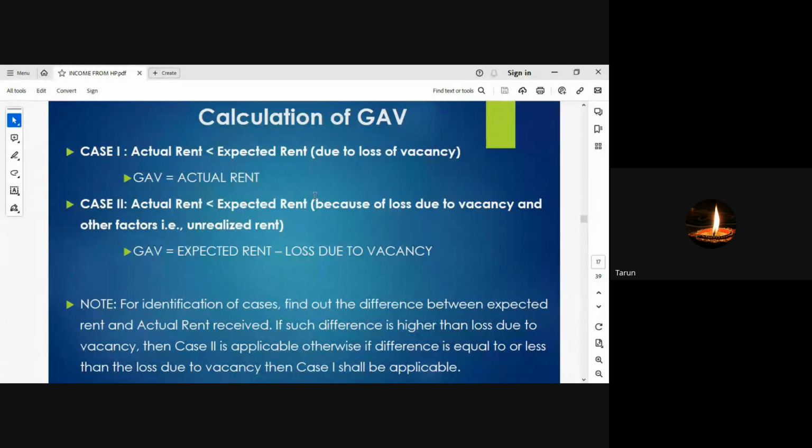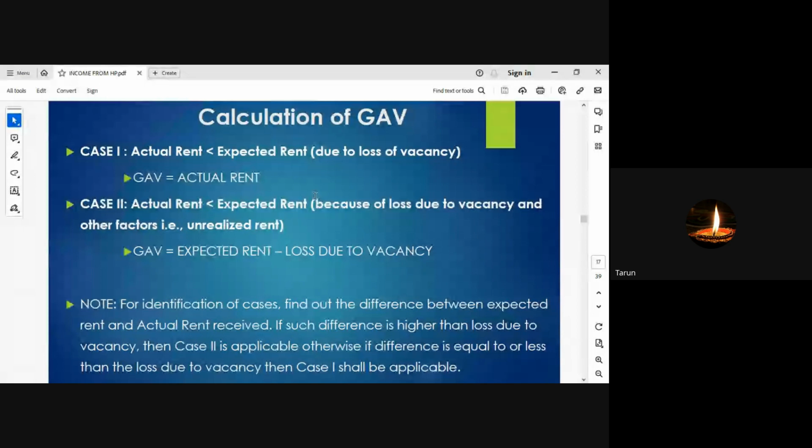If the actual rent is less than the expected rent because of the loss of vacancy and other factors as well, that is unrealized rent, then the gross annual value is the expected rent minus the loss due to the vacancy period. For identification of cases, find the difference between the expected rent and the actual rent received.